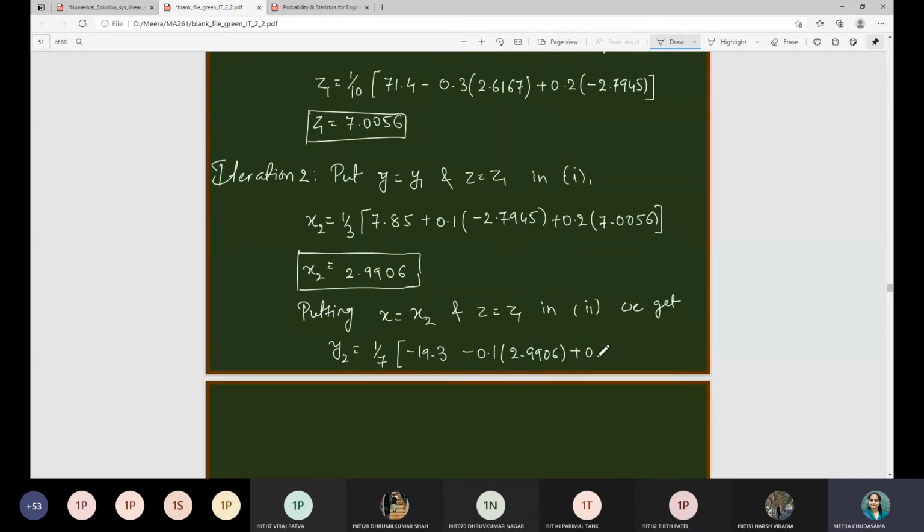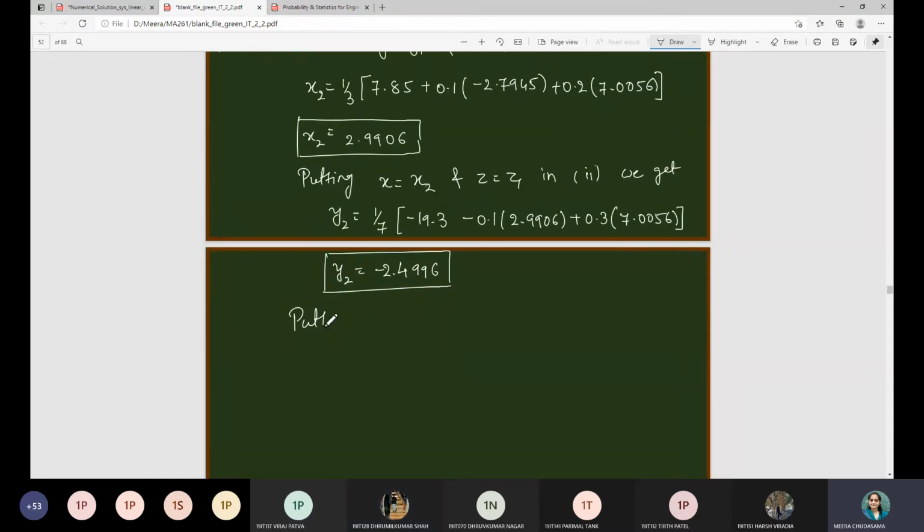So plus 0.3 into z1, that is 7.0056. So what is this y2 value? Minus 2.4996. Yes.